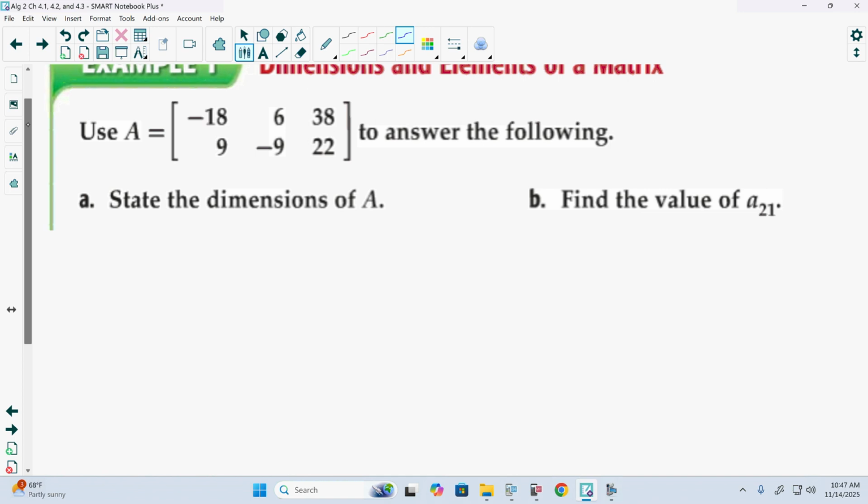So let's look at an example of this here. We're using matrix A, this one here, to answer the following question. Now the first thing it's asking us to state is the dimension, so our rows by columns. So there are 2 rows and 3 columns, so it's a 2 by 3. So those are the dimensions.